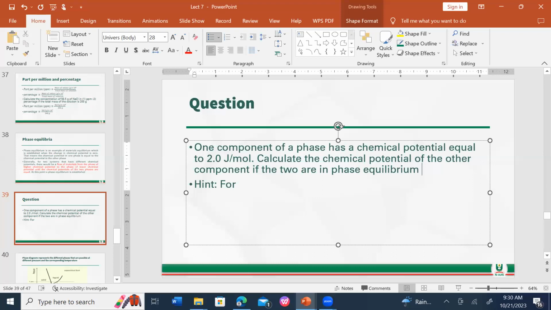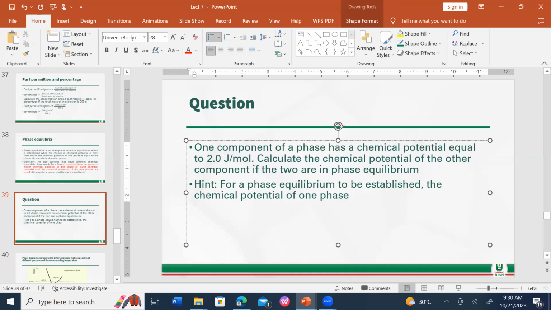So for a phase equilibrium to be established, the chemical potential of one phase must be equal to the chemical potential of the other phase.